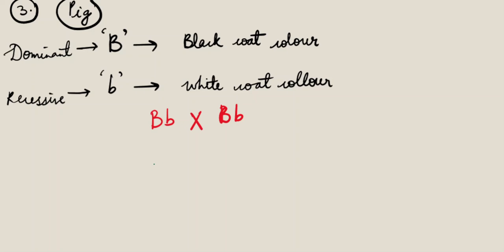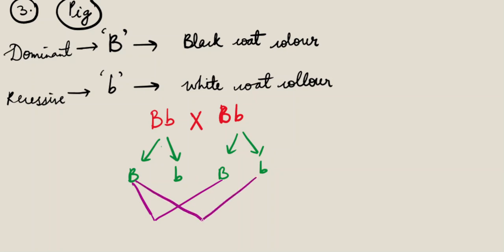So let's first write the gametes. One gamete is capital B, second gamete is small b. Here also, same, you will get the gametes. Then you have to simply cross. 1 with 3, 1 with 4, 2 with 3, and 2 with 4.